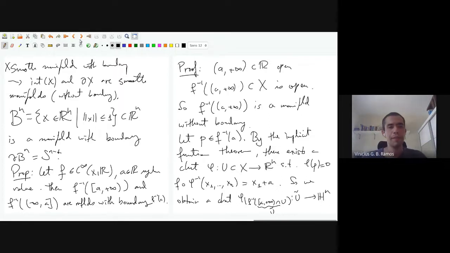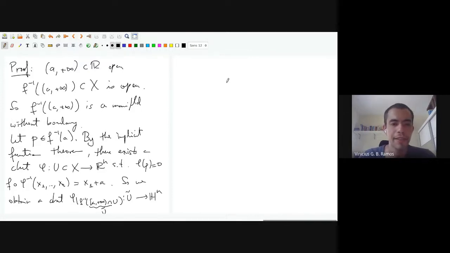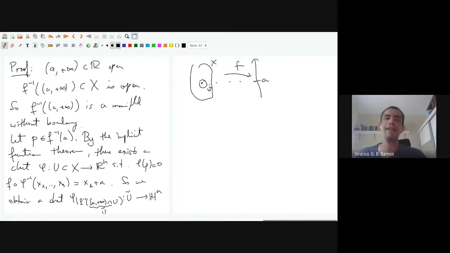Maybe I can draw a picture: this is my manifold X, and here's my function F, and this is A. By the implicit function theorem, I can take a set U such that in these charts, the function is just the first coordinate plus A. Then you just take the intersection of this with this set, which is relatively open because the function F is continuous.